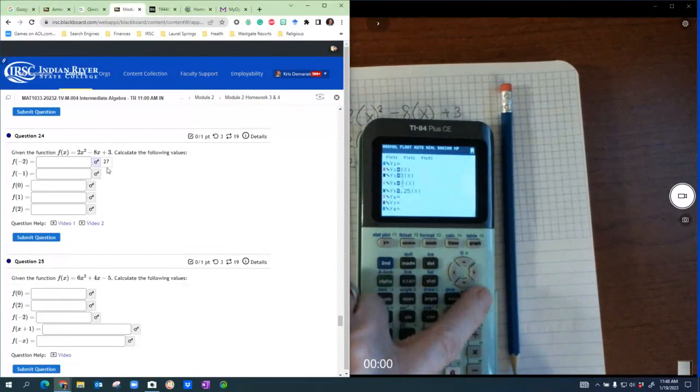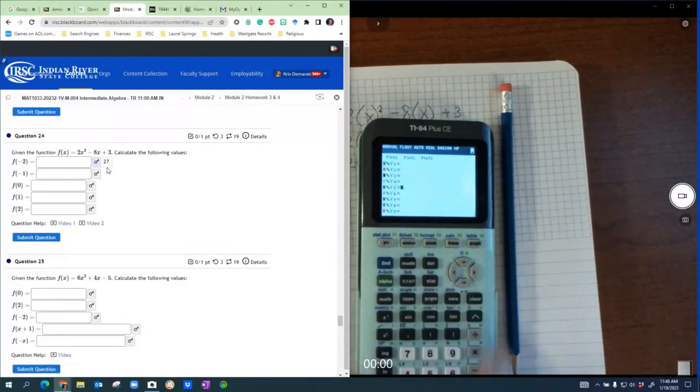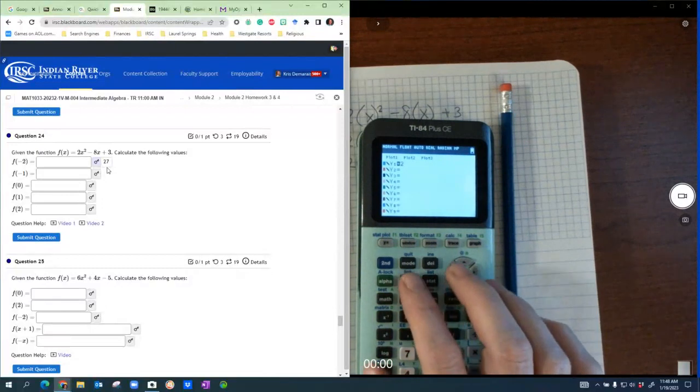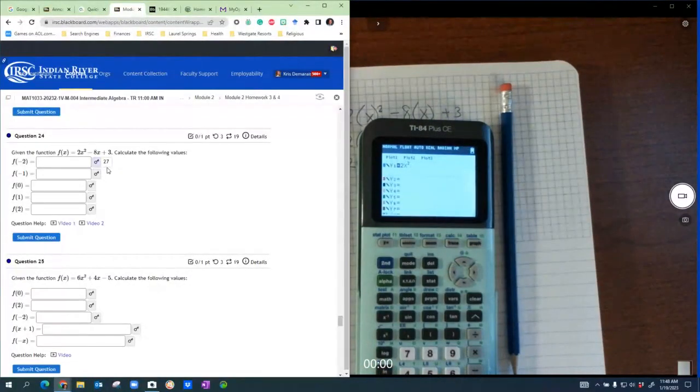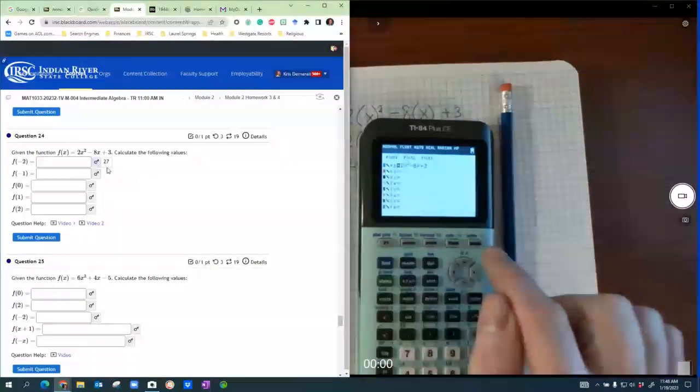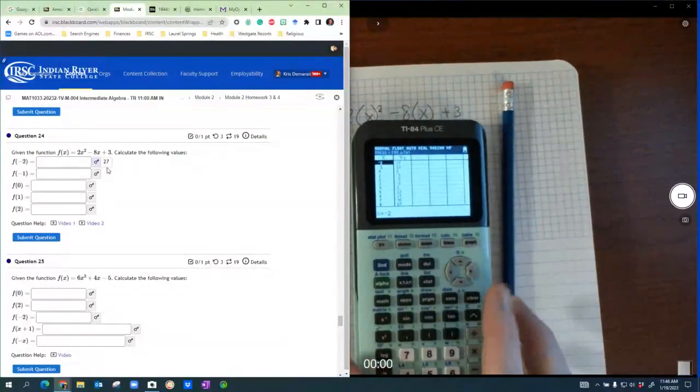All right. I want to punch this in. 2x squared, and then -8x, and then +3. Enter. Second graph, and I have all my values.